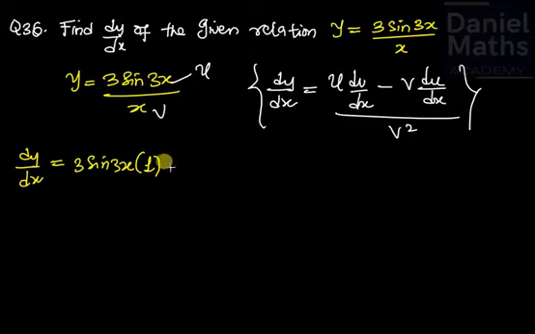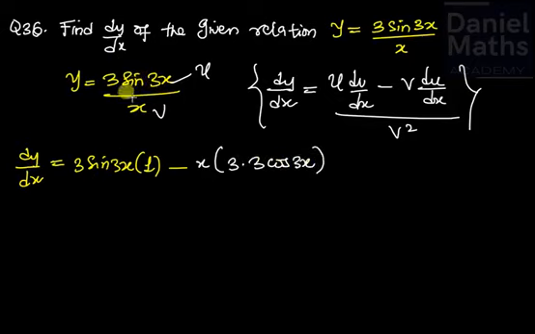Then minus, I have my v here, which is x, into my du dx. If I differentiate this, the differential of sine 3x, I already have 3 here, this is 3 times the differential of sine 3x, which is going to give me 3 cos 3x.